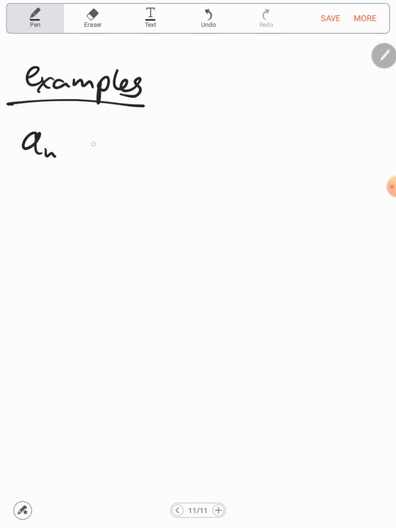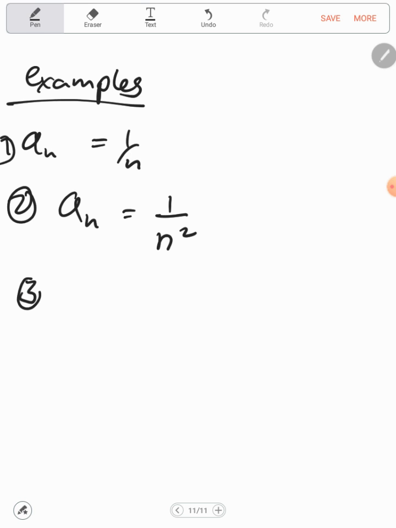Number 1, a_n is equal to 1 over n. Number 2, a_n is equal to 1 over n squared. Let's have the third one where a_n is equal to 2 over n plus 2.